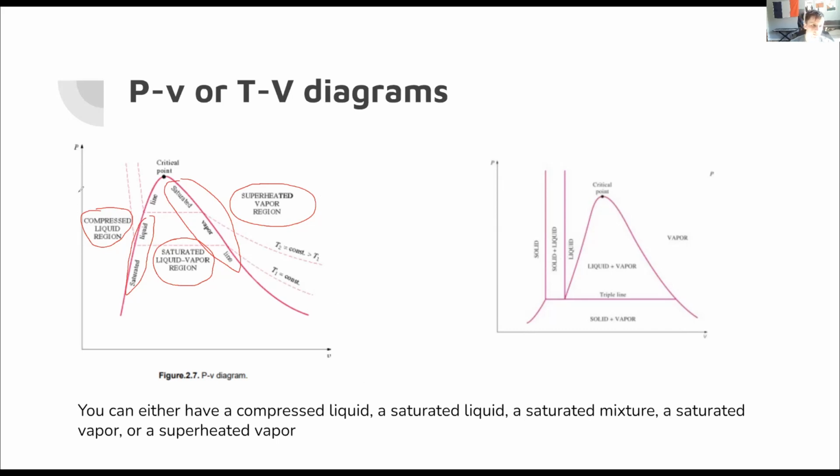So let's say you have a pressure of 650 kilopascal. Usually if an exercise gives you pressure and temperature, unless it's directly indicated, just pull out the property tables.